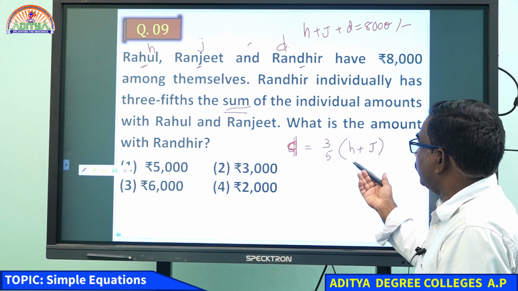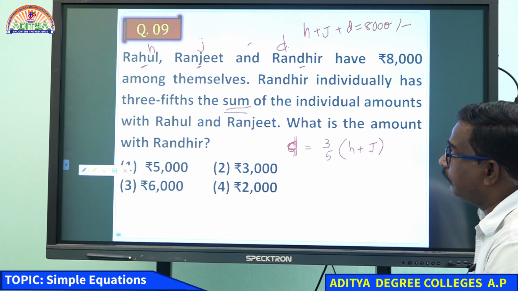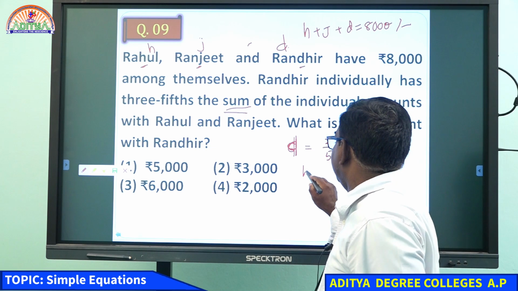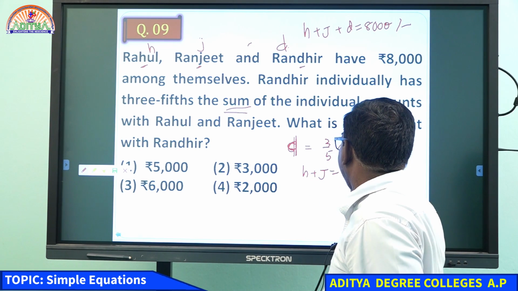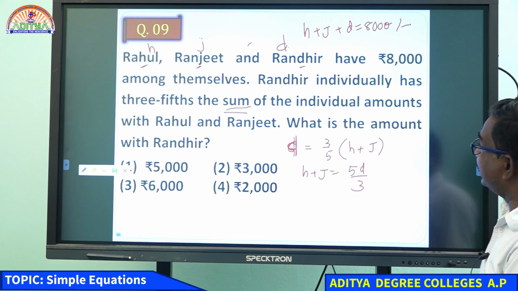It means we can take H plus J equal to 5D by 3. You can write that. Now, what is the second condition?